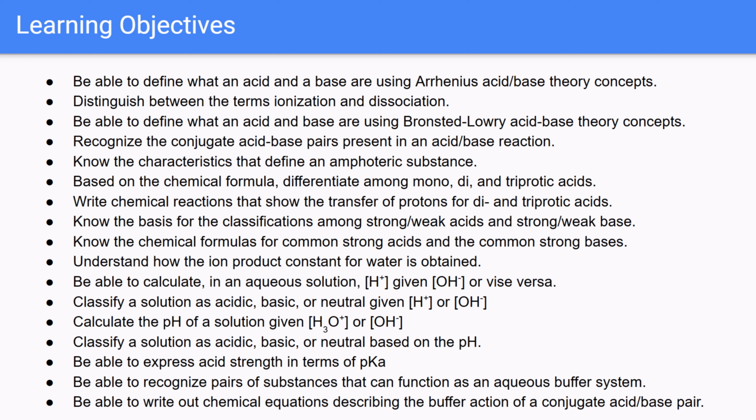It's a little bit of a fancy term there. And then a lot of calculations about the H plus concentration, OH minus concentration, pH, pOH. We'll talk a little bit about pKa and how that's used to determine whether something is acidic or basic, and then talk a little bit about buffers and buffer solutions today.